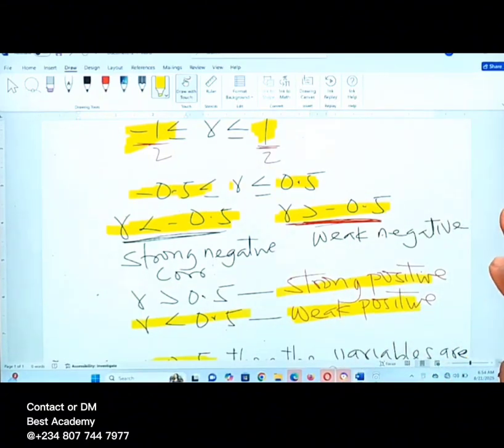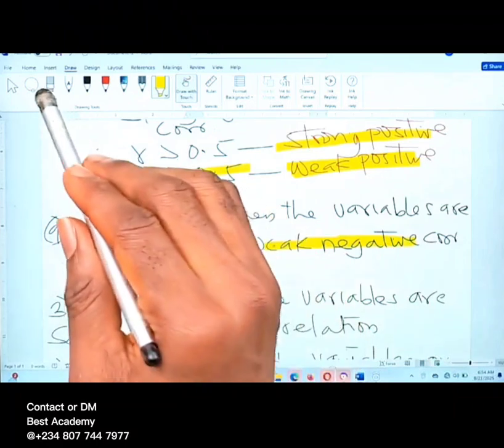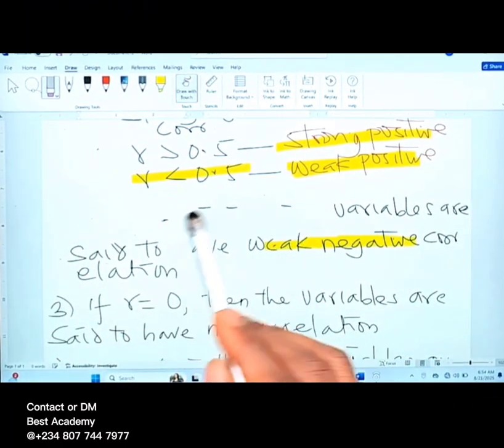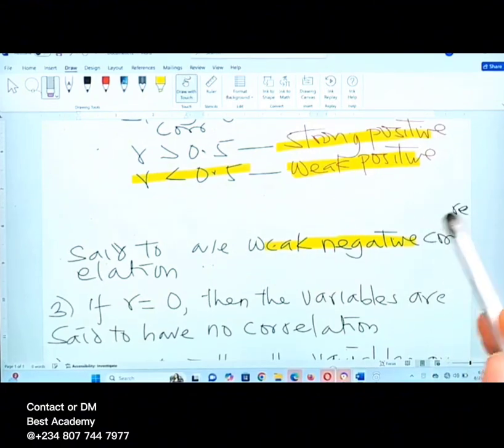Now let's take the methods of correlation. Please write: method of correlation. These are the methods we use in calculating correlation coefficients.